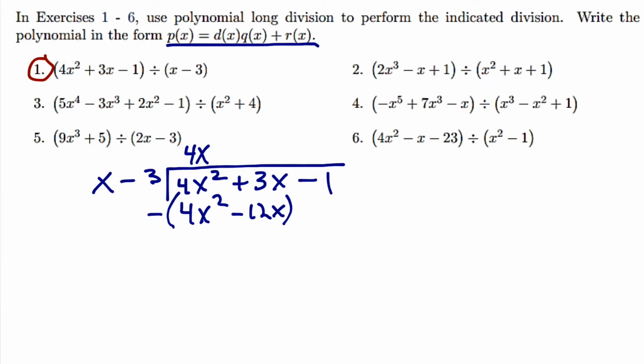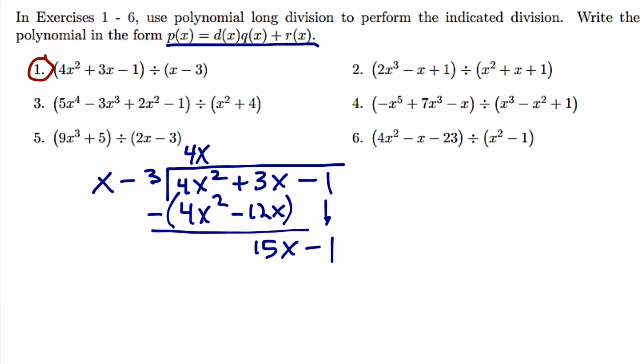So I should expect to get a 0 in the first term because that's why I chose 4x as part of my quotient. Now I've got 3x minus negative 12x, so that's 3x plus 12x, so that's 15x. Now I'm going to bring down my negative 1.